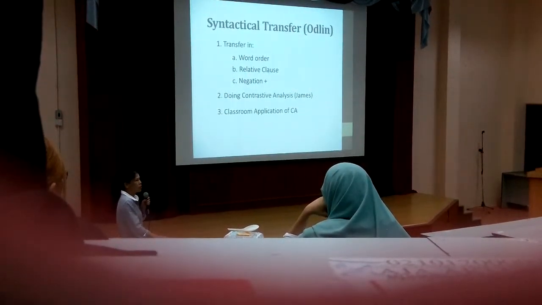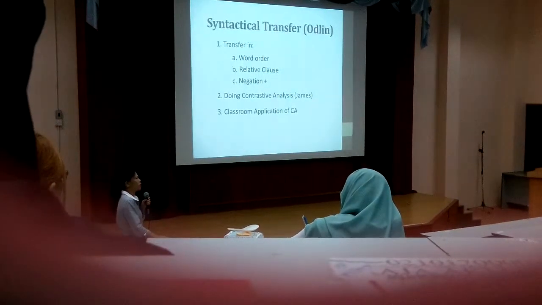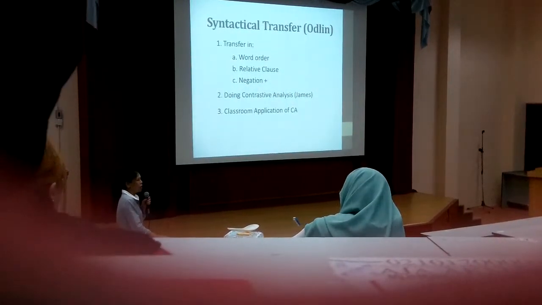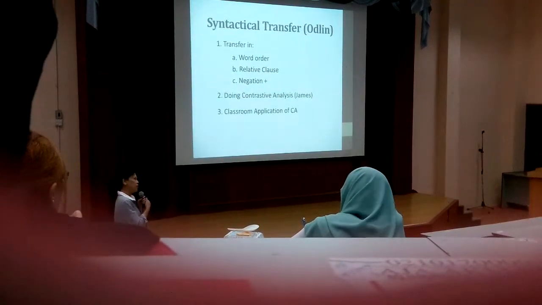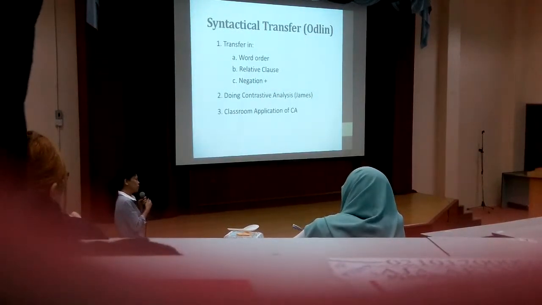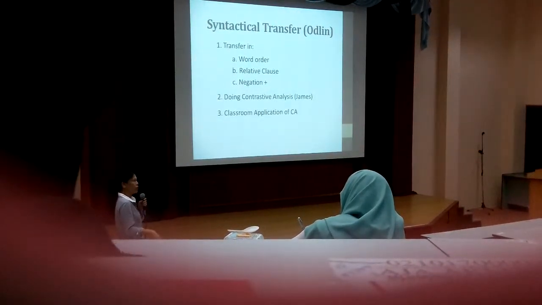That is why you see some Malay speakers of English have a lot of problems with the word order. Simply because of this, the arrangement of adjectives and nouns, for example.